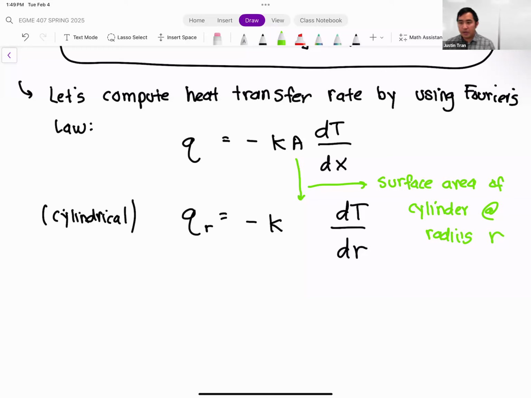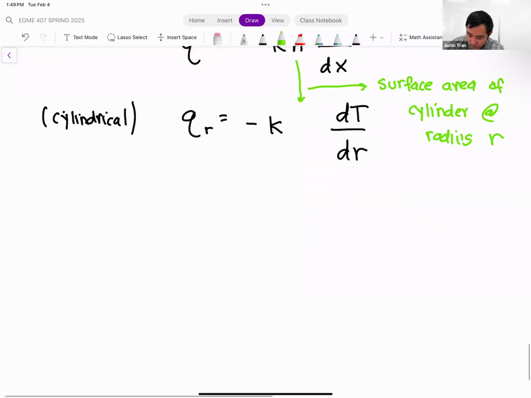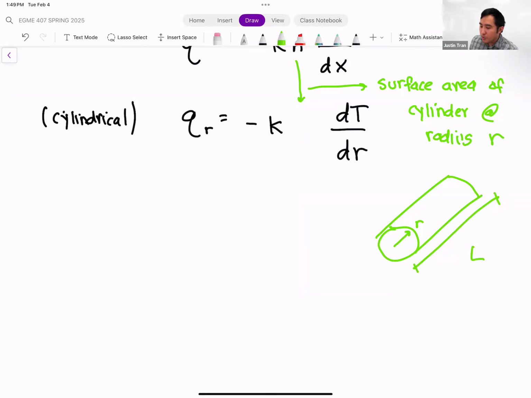So what do I mean by that? If you draw a cylinder here, let's say the cylinder has a radius r, and for this case we're going to assume we know the length of the cylinder as well, L. We're going to ignore the caps and just include the outer surface.